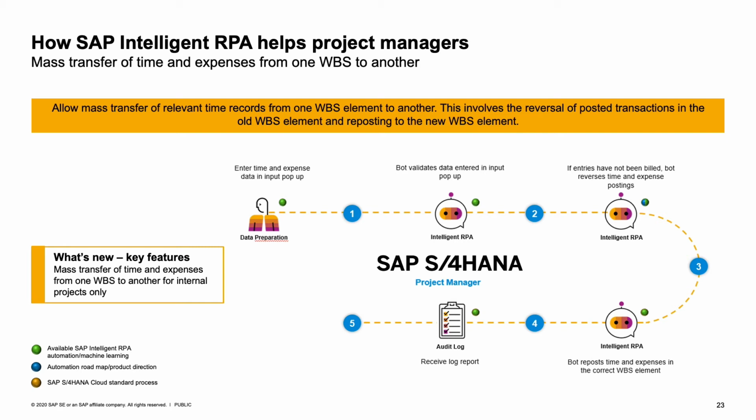In order to do that, we have come up with a digital automation that allows you to mass transfer the relevant time records from one WBS element to another, and also helps you reverse the posted transaction to the old WBS element which you incorrectly posted and repost them to the new WBS element. Let's take a look at the demo on how the project managers bring digital automation to improve their business process for project-based services.